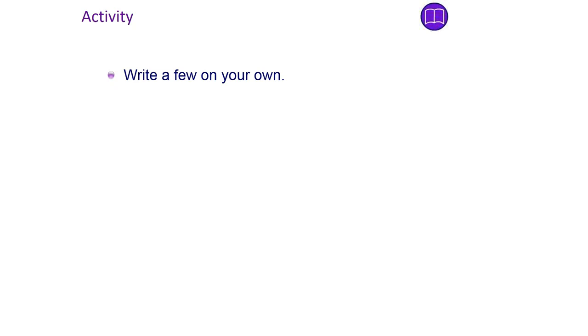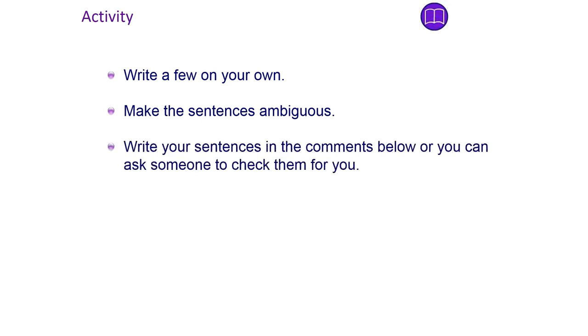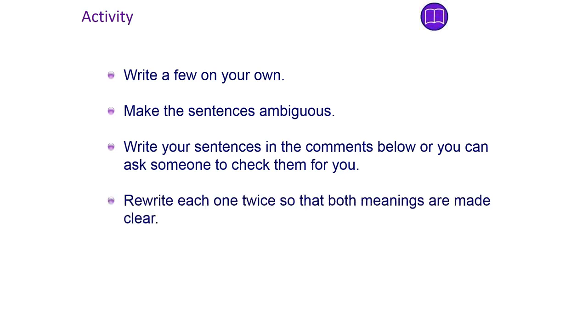I now would like you to further practice this. Write a few sentences on your own, make the sentences ambiguous, and then write corrections for these ambiguous sentences. Can you do that and give me some examples in the comments below, or you can ask someone to check them for you.